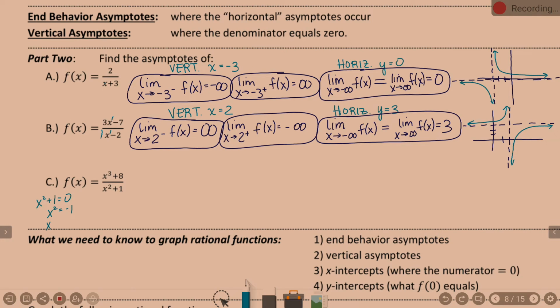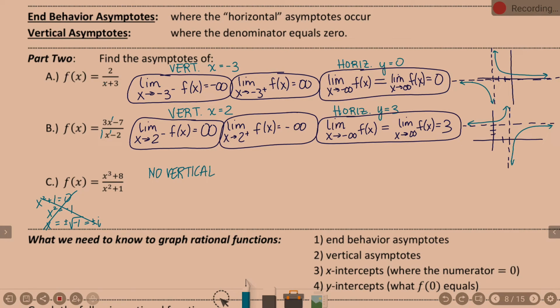So that puts us at plus or minus the square root of negative 1, which is imaginary. Do we talk about imaginary asymptotes? No. So what does that mean about vertical asymptotes? There are no vertical asymptotes.